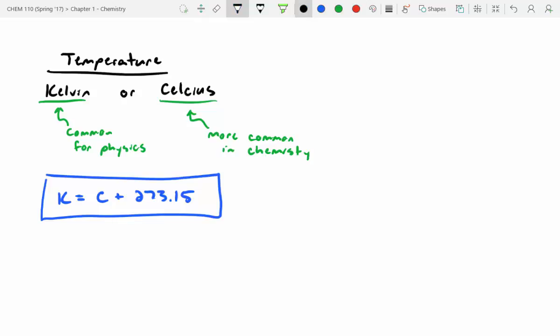All right, energy is a little bit different. We measure energy in joules oftentimes. Again, joules are really common in physics. What's really common for chemistry or with food? Calories.